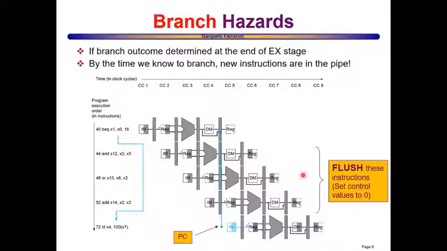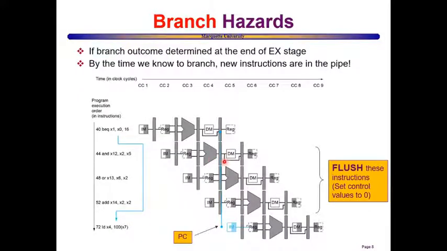So the way to address that is to essentially flush or discard the partial result of the execution of those instructions that should not have been fetched and pushed into the pipeline. So flushing is the idea to address that problem, and we'll talk a little bit more about that in the next video.